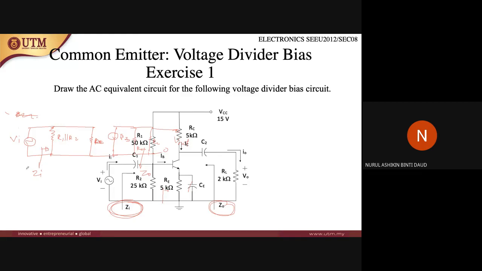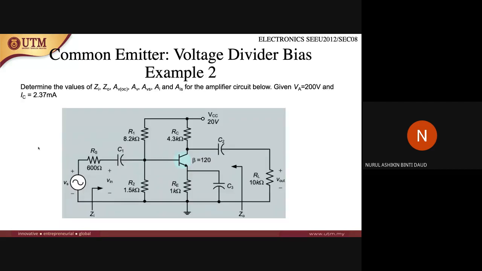The output impedance is usually before RL, before the load resistance. But please check again before you decide where the input and output impedance are.